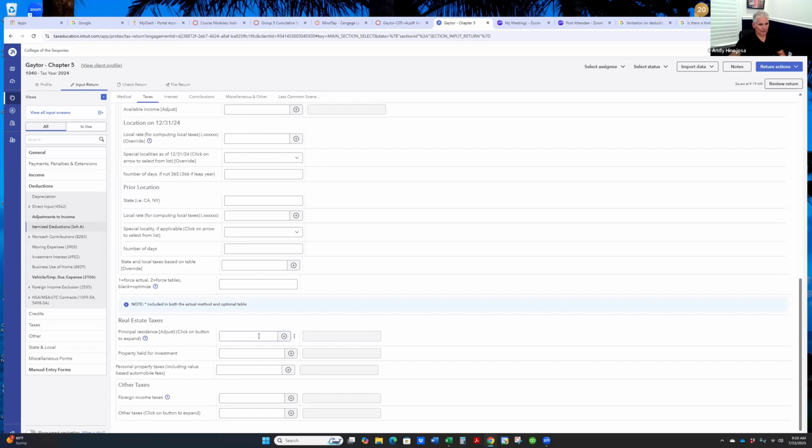Principal residence, again, property tax is deductible on the principal residence. If it's under the principal residence, it'd be here, and the amount that was reported is $7,000. $7,000 is entered as real estate taxes, and that will be deductible.